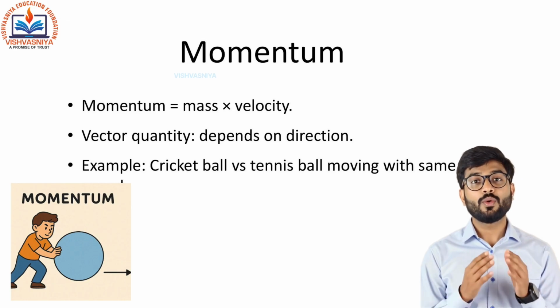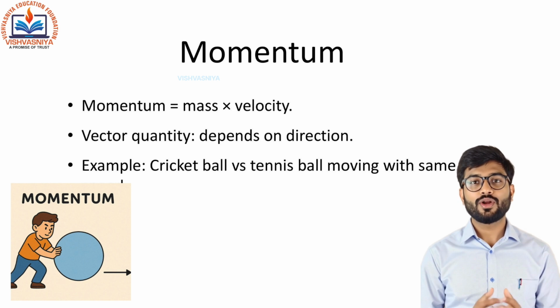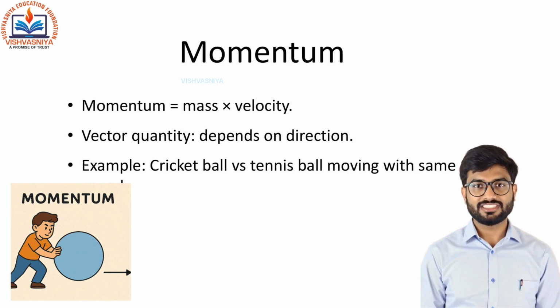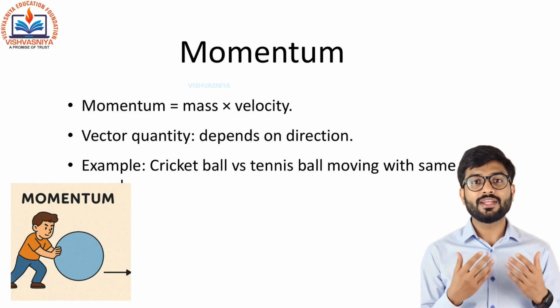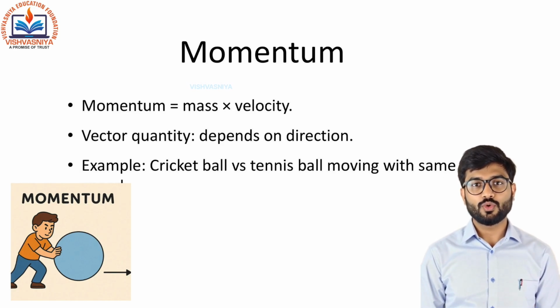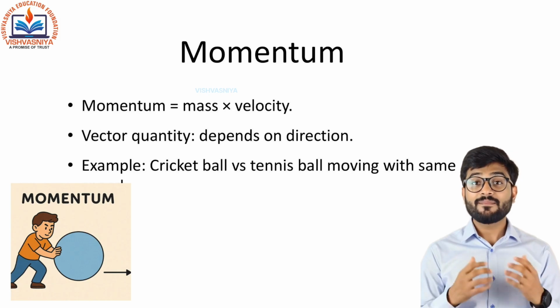Its momentum equals 1000 multiplied by 20, that is 20,000 kg meter per second. If another car has half the mass but double the speed, that is 500 kg moving at 40 meters per second, its momentum is also 20,000 kg meter per second. So, two different objects can have equal momentum if the product of mass and velocity is the same.